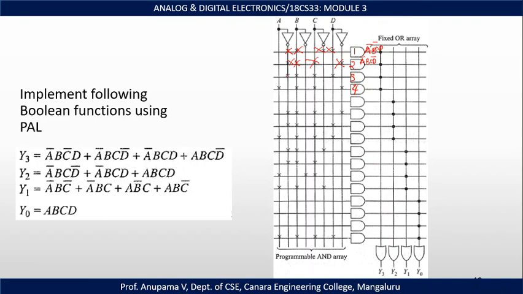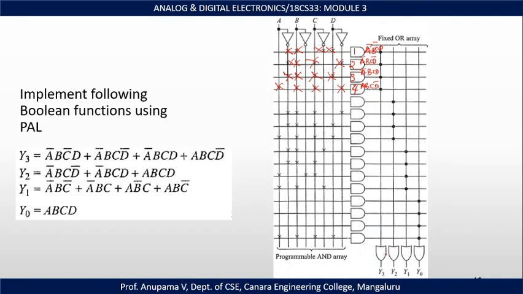The next term is A bar, B, C, D. Draw a cross mark against A bar, B, C, D of AND gate 3, whose output is an input for OR gate Y3. The next term is A, B, C, D bar. Draw X against A, B, C, D bar of AND gate 4. The output of AND gate 4 is the input for OR gate Y3.